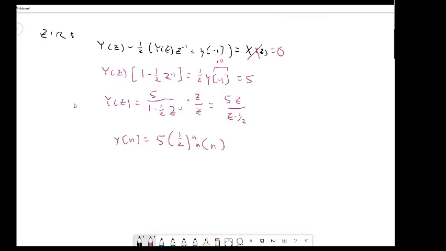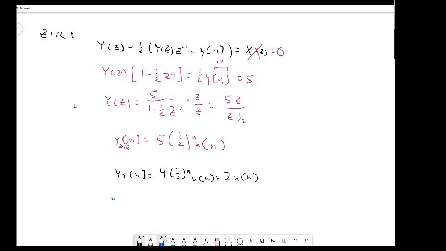Now, previously, when we did the total response, let's be clear, let's put the ZIR in there. That's the zero input response. When we had the total response, we said that that was 4 times 1/2 to the n u of n plus 2 times u of n.